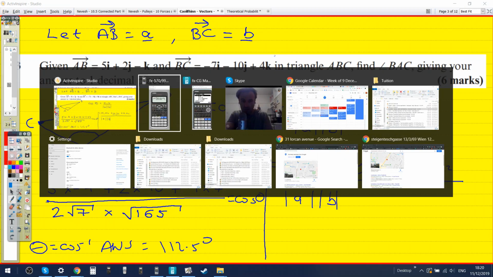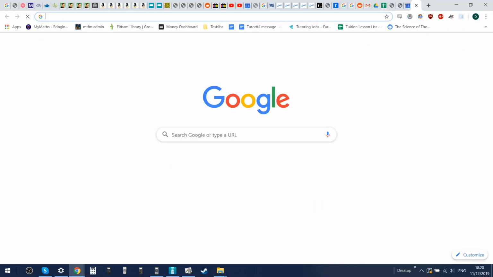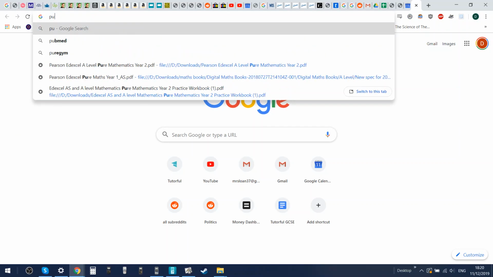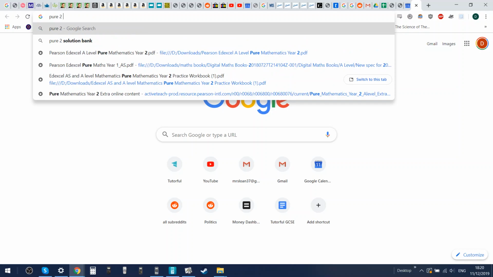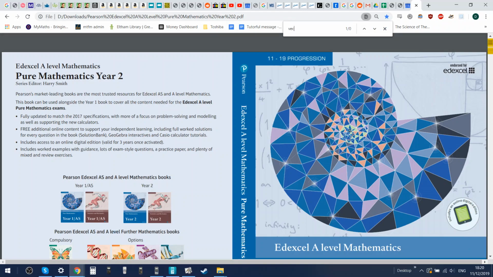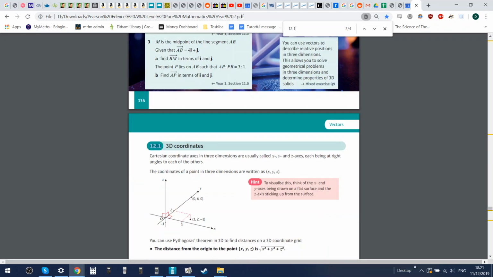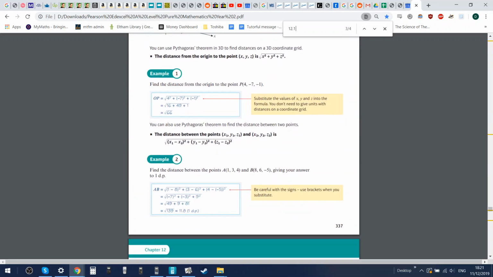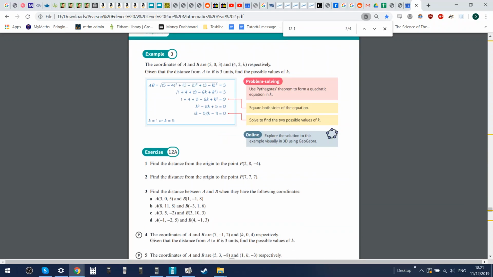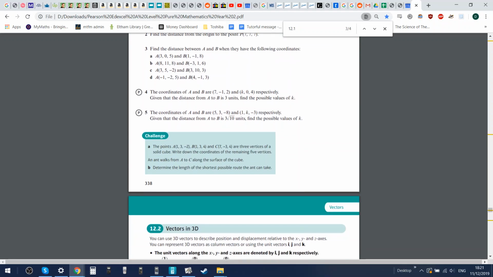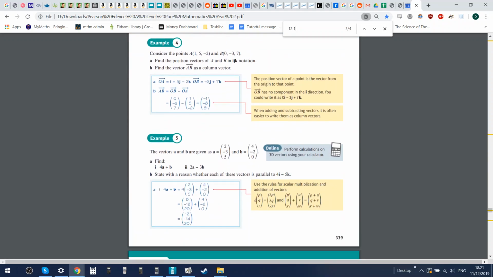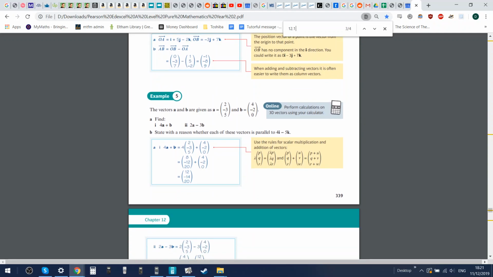We want the angle between. Let me go to Bookie. So vectors 12.1, 3D. Find a distance. Possible values. Vector.